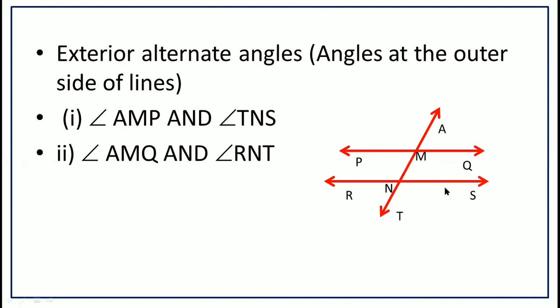TNS, sorry, TNS, this angle. Then AMQ and RNT, this angle. That means these 4 angles are the alternate exterior angles.